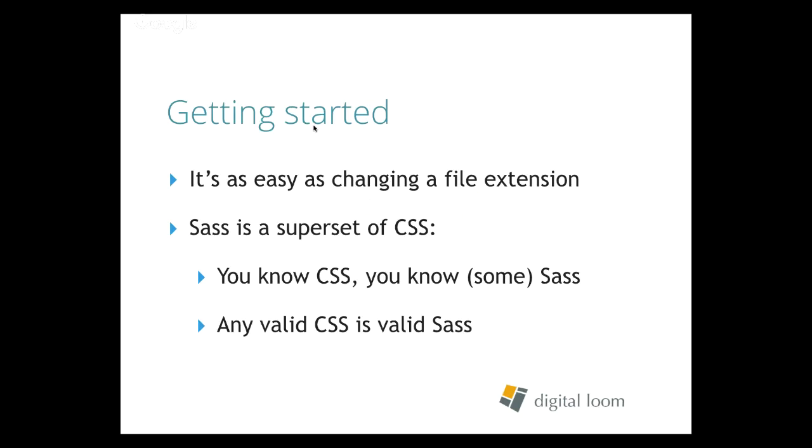And SCSS is actually a superset of CSS, which means that any valid CSS is valid Sass. And if you know CSS, you also know some Sass. So you can right away, simply by changing the file extension from CSS to SCSS, Sass will figure it out and will output the right code.